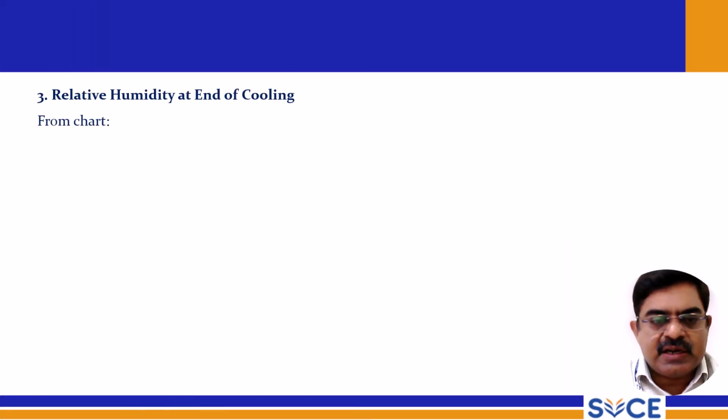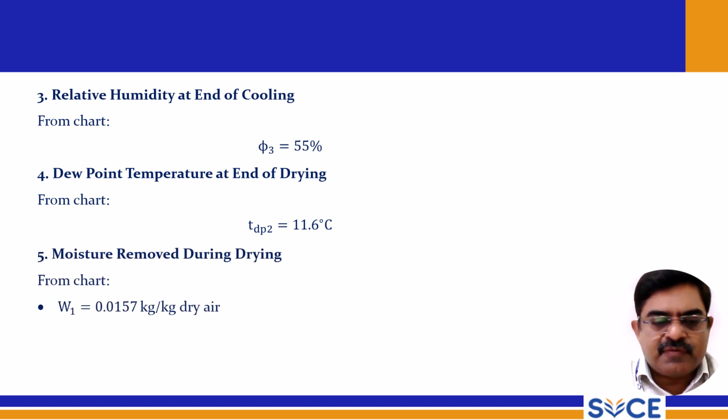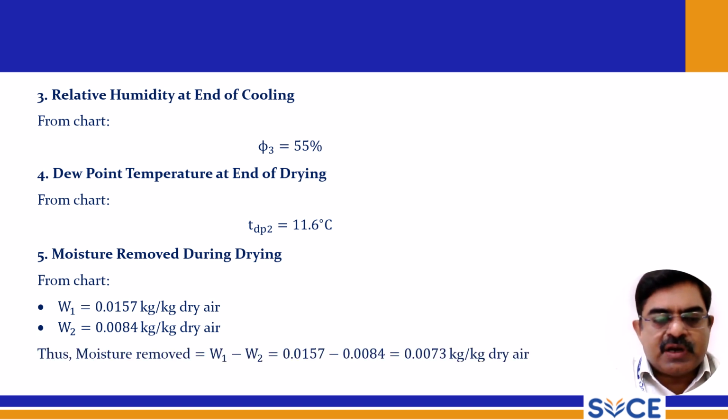Relative humidity at the end of cooling from the psychrometric chart, phi 3, equals 55 percent. The dew point at the end of drying from the same chart, DP2, is 11.6 degrees Celsius. For moisture removed during drying, W1 is 0.0157 and W2 is 0.0084 kg per kg of dry air, and thus moisture removed is W1 minus W2, that is 0.0073 kg per kg of dry air.